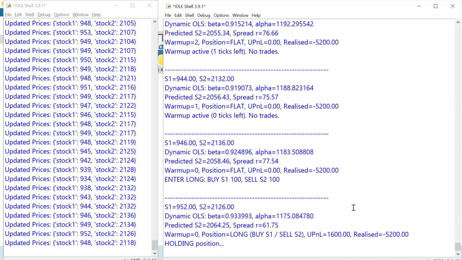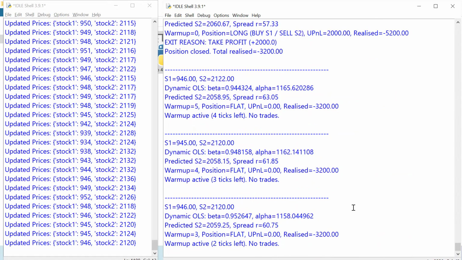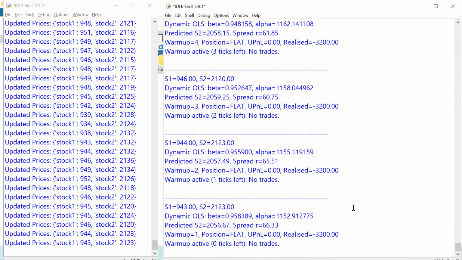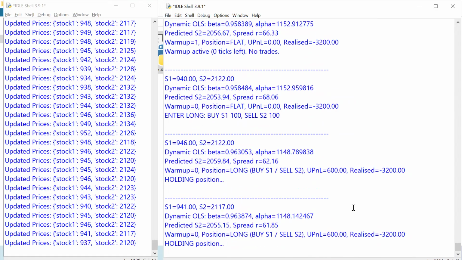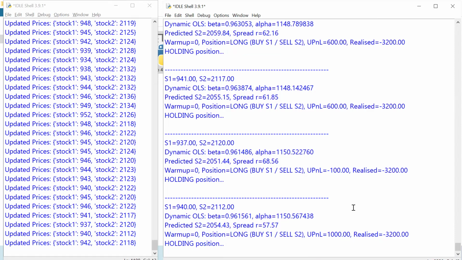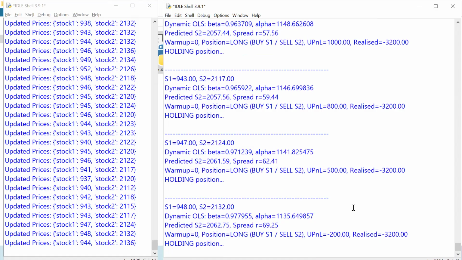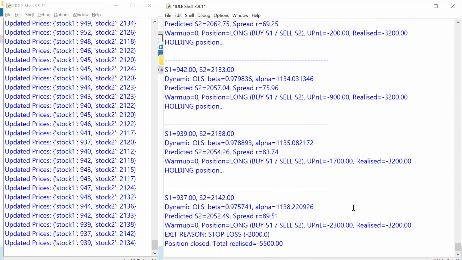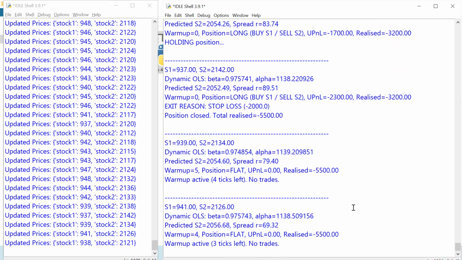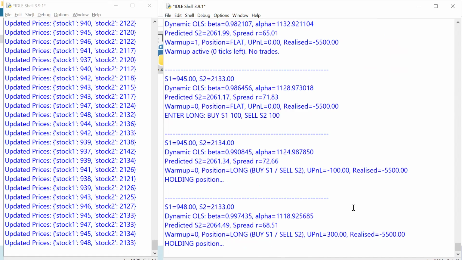Okay, we got one profit, we have come out of the trade. Again, we are in a warm-up phase of collecting the data. Okay, we enter the trade, buy S1. S1 is very cheap, as S2 is very expensive. Okay, both have basically lost the correlation to each other. So that's why this kind of loss is happening.